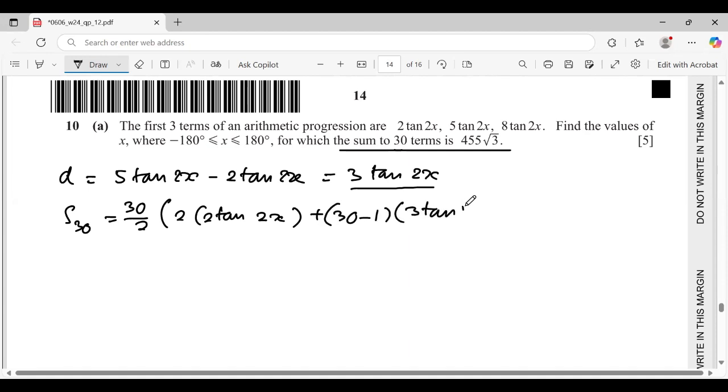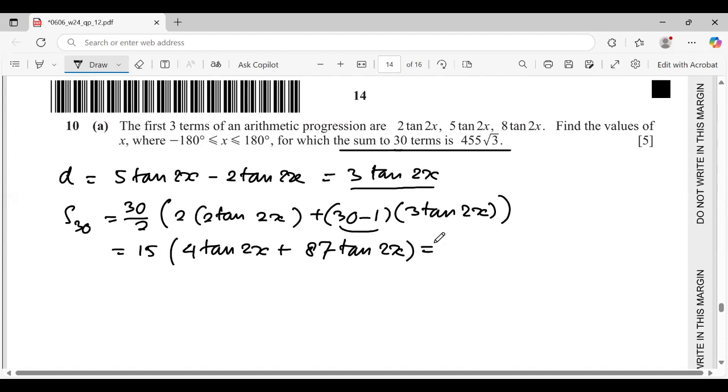Here a is 2 tan x, and the common difference is 3 tan x. So it becomes 15 times (4 tan x plus 29 times 3 tan x), and 29 times 3 is 87 tan x.